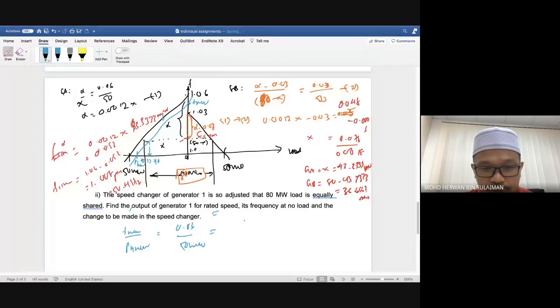So you can use F new, ataupun ialah, this one is F new. This one is 40, right? So F new divided by 40 must be equal also with these things, right? 0.06 divided by 50 megawatts, and then you get 0.0012.